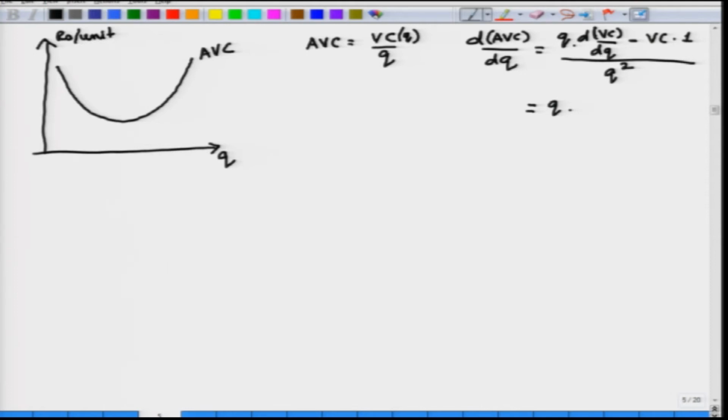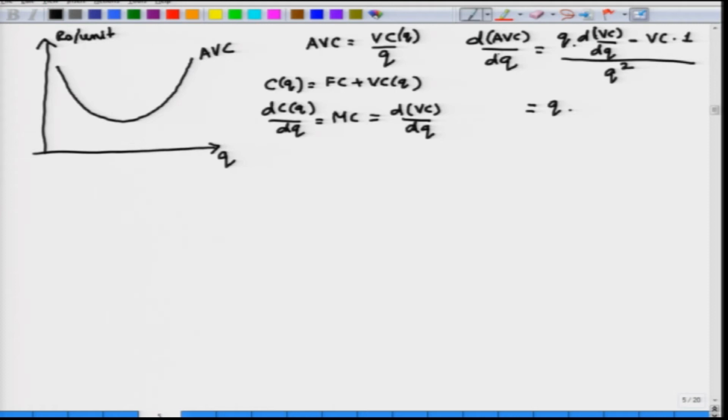Now, notice your cost curve is the fixed cost plus the variable cost. So, the change in cost with respect to output, which is also the marginal cost, will be the same as the change in the variable cost with respect to Q, because the fixed cost will not change.